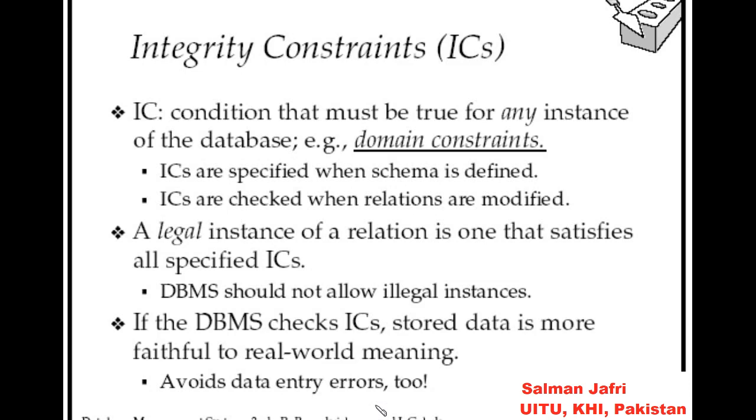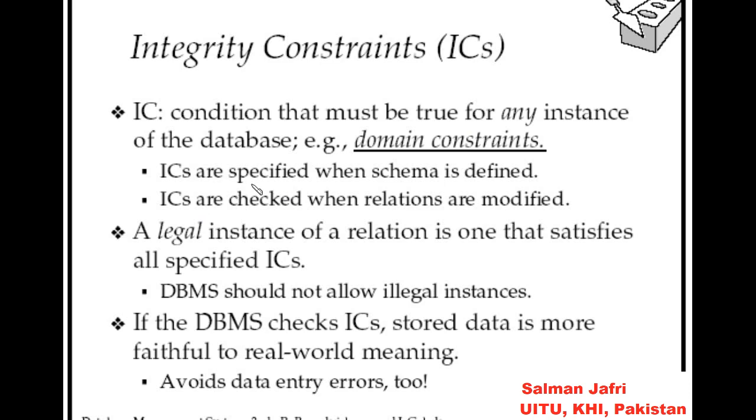After that discussion, we come to the most important part regarding the relational model, which is the integrity constraints, ICs. What is an integrity constraint? A condition that must be true for any instance of the database. For example, domain constraints.